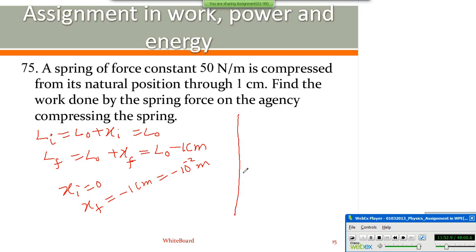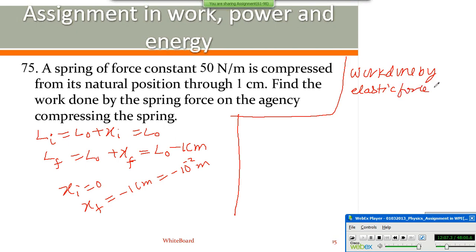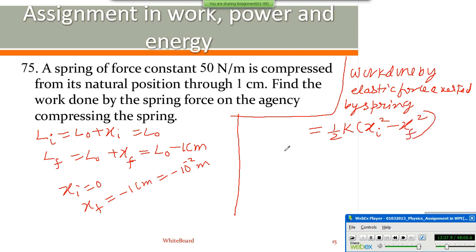As I discussed in the theory part, in general the work done by the elastic force exerted by the spring when the length of the spring changes is given by half k into xi square minus xf square.